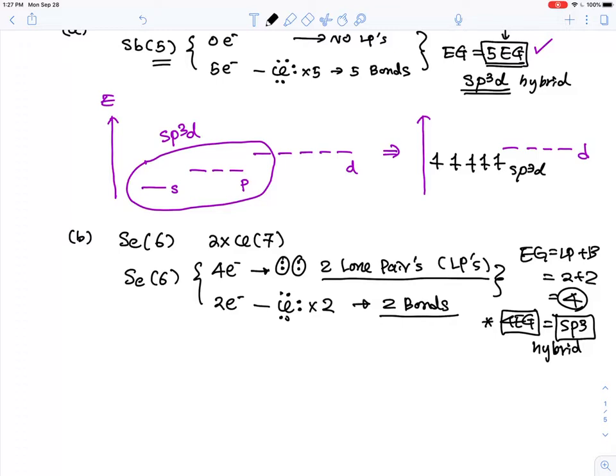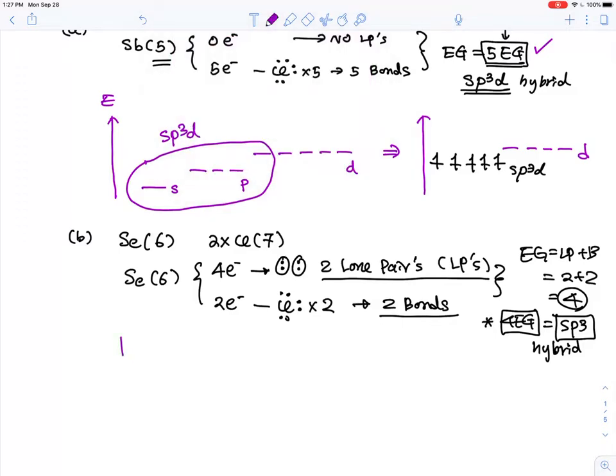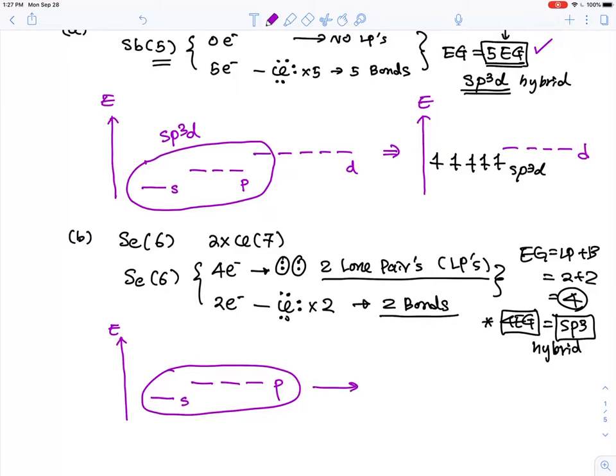And then I am going to draw the same kind of orbital diagram. This is an energy level, just like I have done before. But this time I only need to consider the s and the p orbitals, because sp3 hybridization is what I need. And so you're going to combine them to make hybrids.